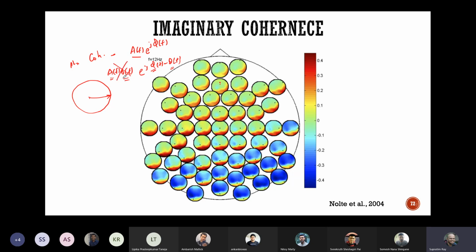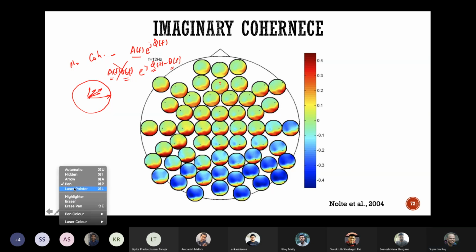We will only deal with phase coherence, so we will remove the amplitudes and just look at this. This is just a unit vector pointing in some direction, theta minus phi, which is the phase difference between the two. Each trial gives you one vector, and coherency is just the average of these vectors.